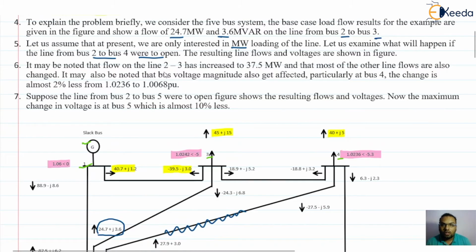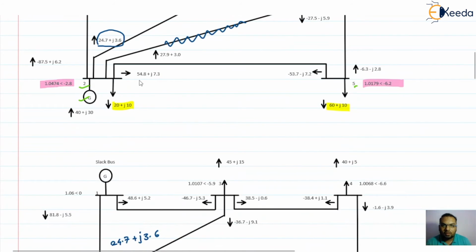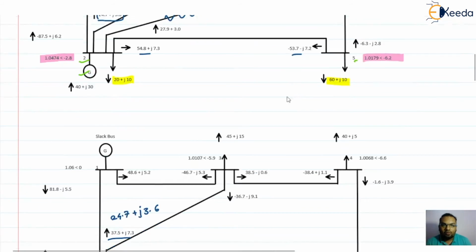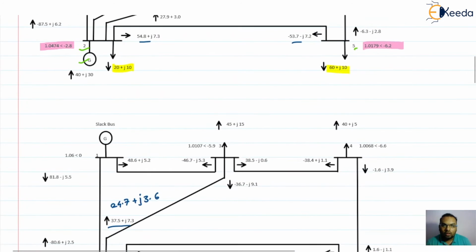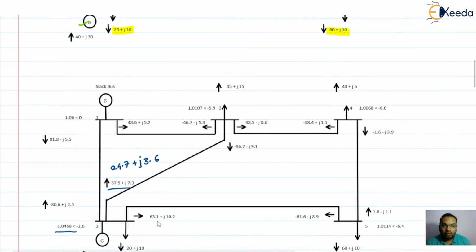It may be noted that the flow on line 2 to 3 has increased, from 24.7 megawatt to around 37.5 megawatt. Most of the other lines have also changed. Just observe the line between bus 2 and 5: earlier it was 54.8, now it is 63.1, so loading has increased on this line as well.